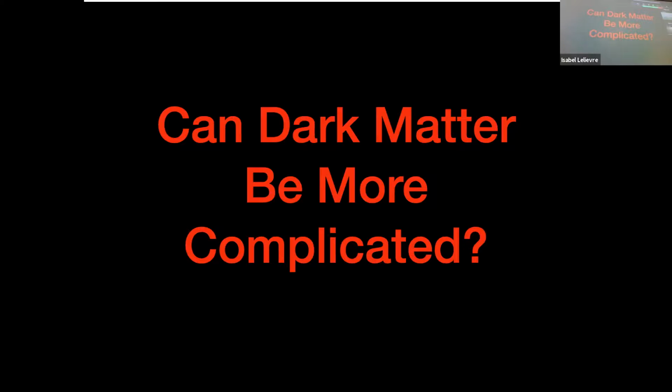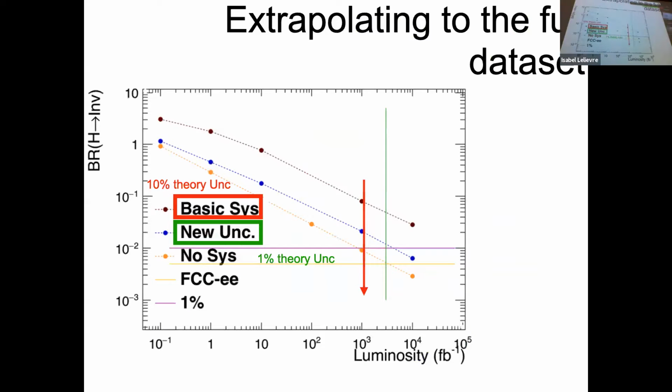But yeah, I want to now ask the question of, can we make dark matter even more complicated, and does it help us out? So, I kind of flashed through this Higgs invisible bound, but the idea would be that, with the current conventional tools, we get this kind of sensitivity for Higgs to invisible. Without going through this plot, suffice it to say we can get to a branching ratio of 1% with the full data.